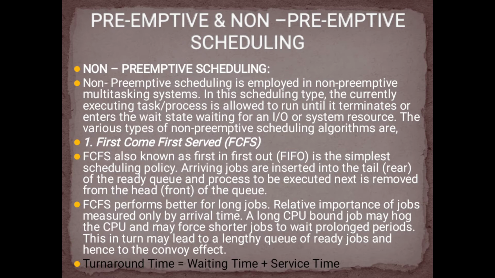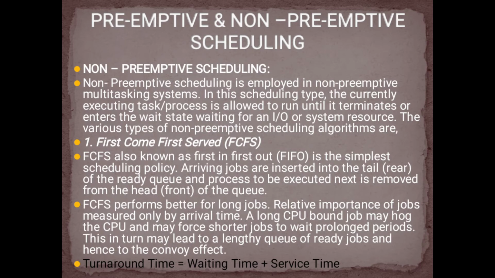It is like when you are doing some work and someone disturbs you and asks you to do their work first; if you agree, you are preempted. If they cannot disturb you while you are working, that is non-preemptive.